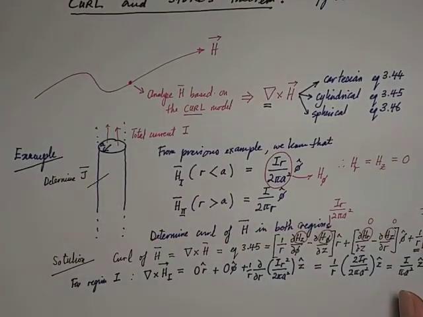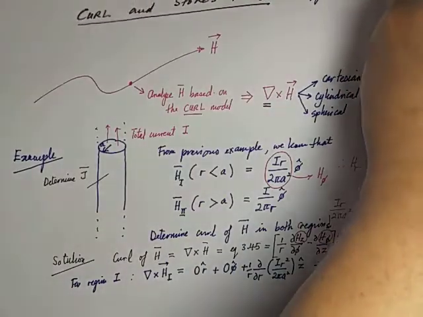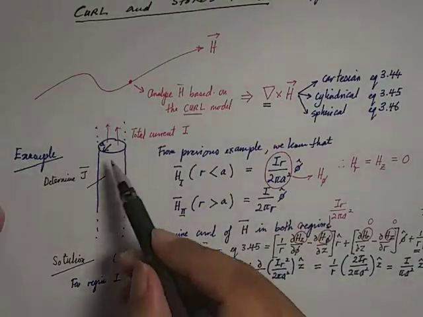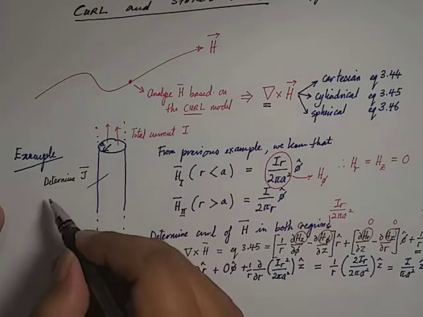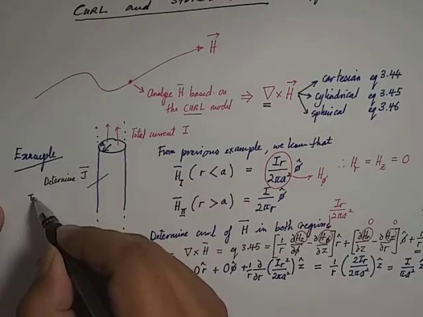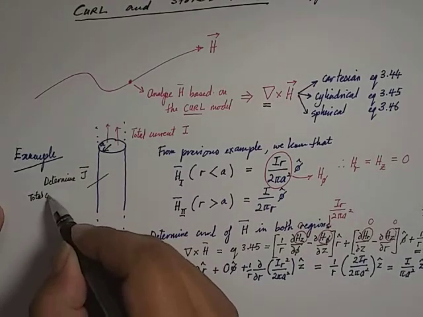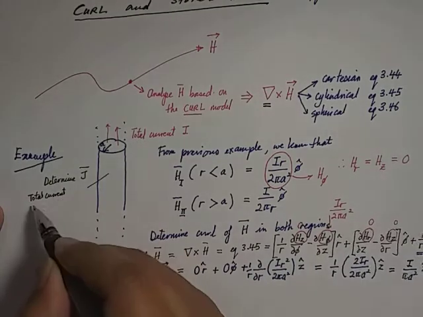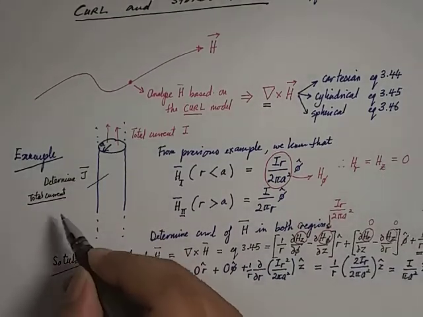J is current density, remember? Okay, and then the way we define the J inside this conductor is defined as total current divided with what? Total area.